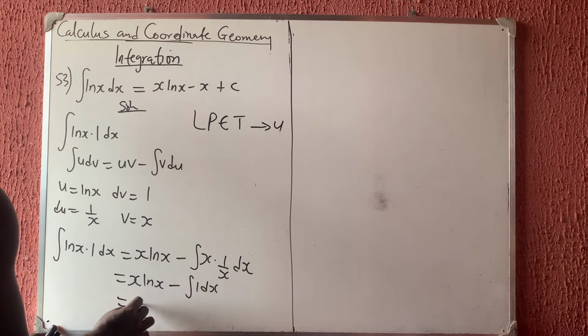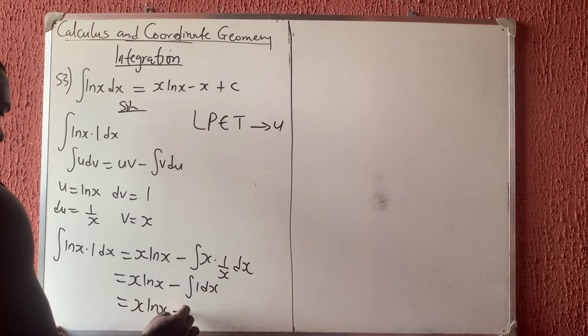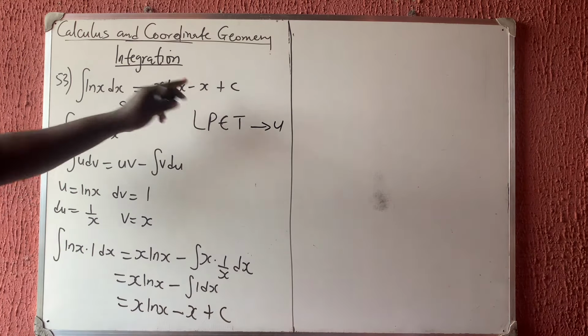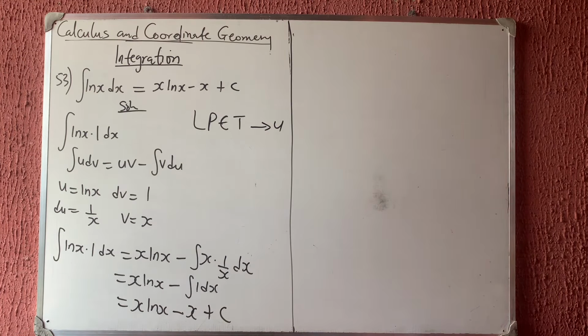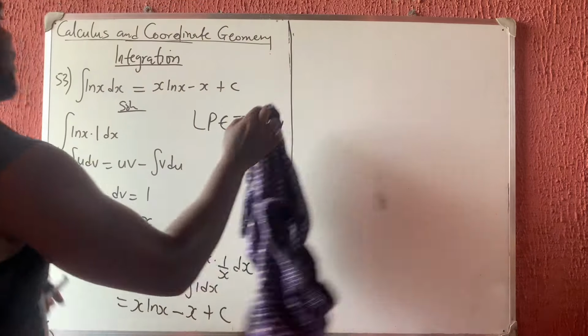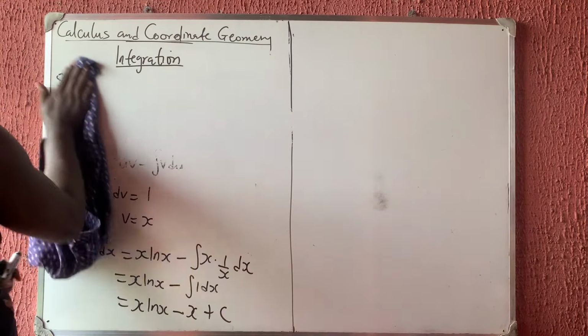So which is what? x ln x minus integration of 1 is x, minus x, then plus a constant. So that is the answer. All right, so it is x ln x minus x, plus a constant, which is always there after integration. So the next question we'll be solving is question number 54.